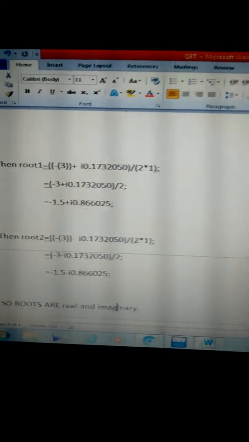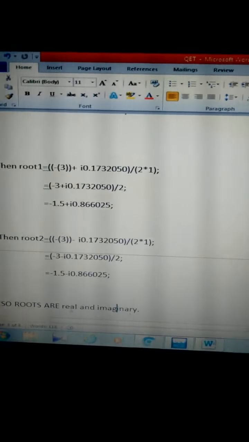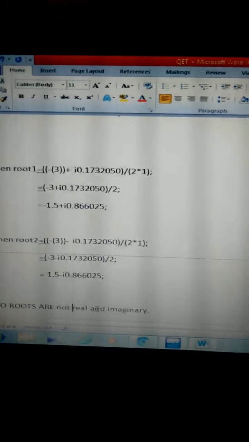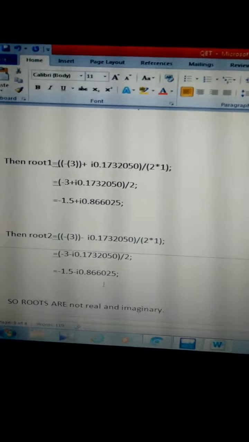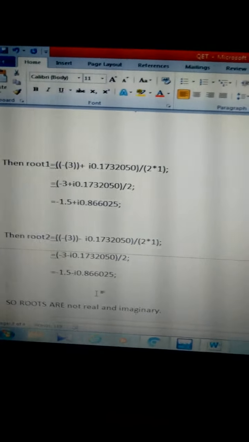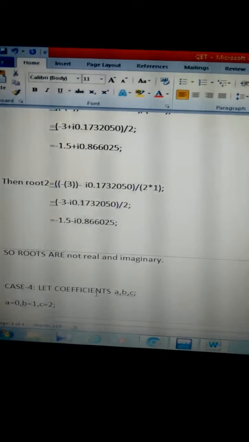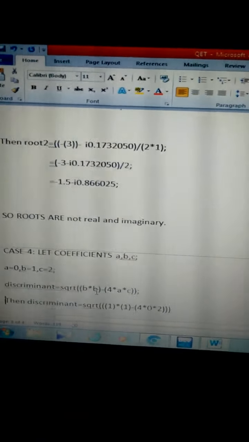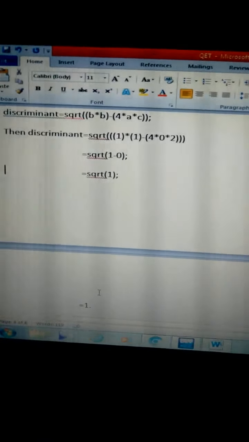Here also the message changes: roots are not real and imaginary. So the third condition is satisfied. For seeing the invalid inputs, let us see case 4.